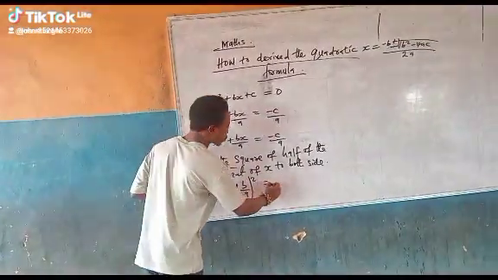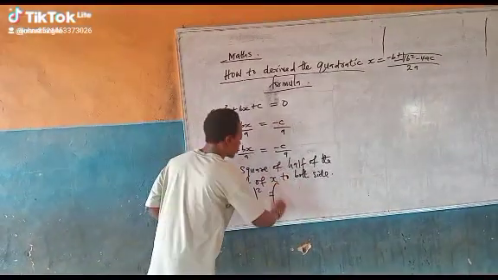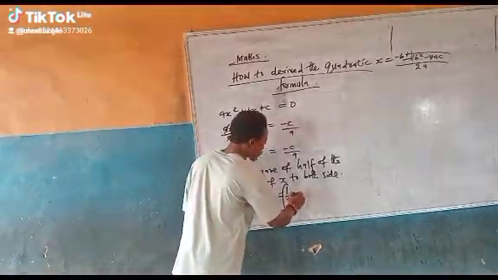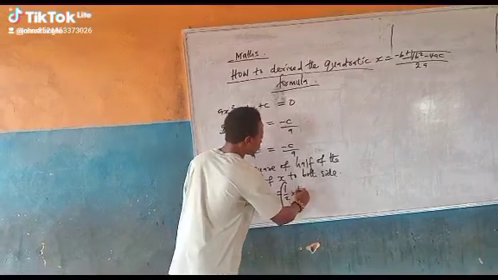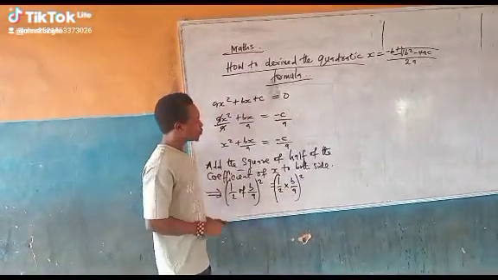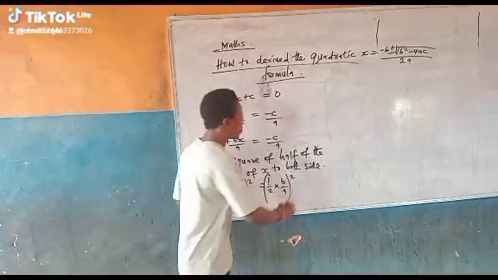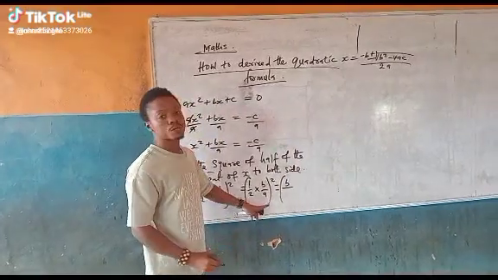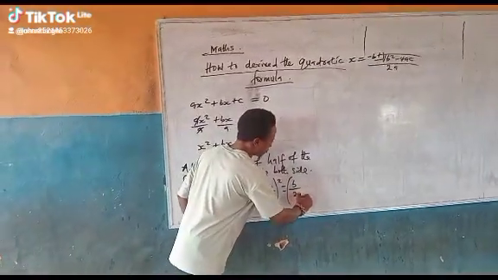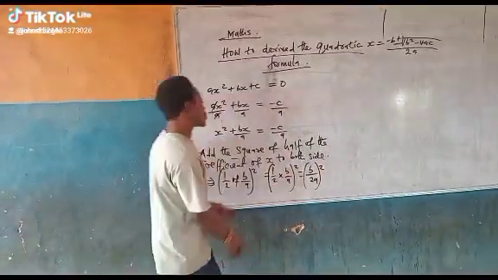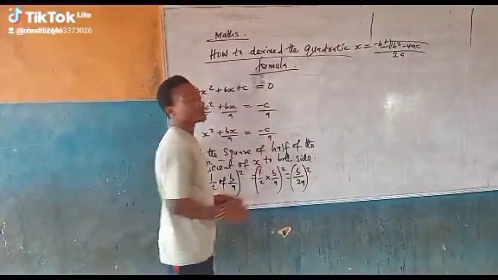This will be equal to half of, in mathematics means times, b over a, put your square. So this will be 1 times b, 1 times b is b, 2 times a is 2a, put your square. So this is what you will add to this side and to this side.